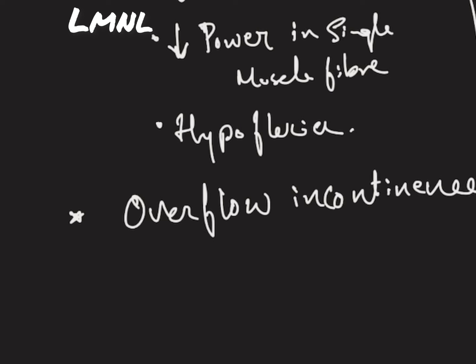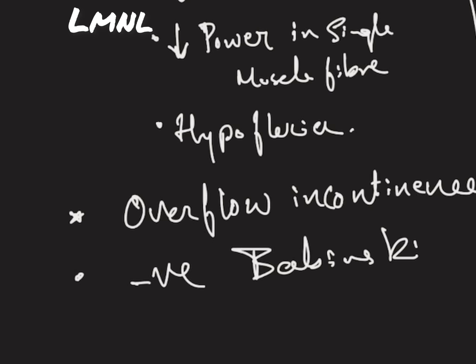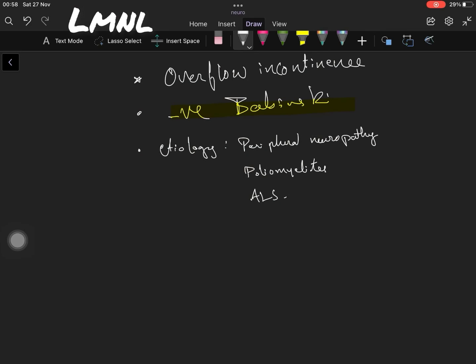The Babinski sign is negative for lower motor neuron lesions. The etiologies are peripheral neuropathy, poliomyelitis, and ALS.